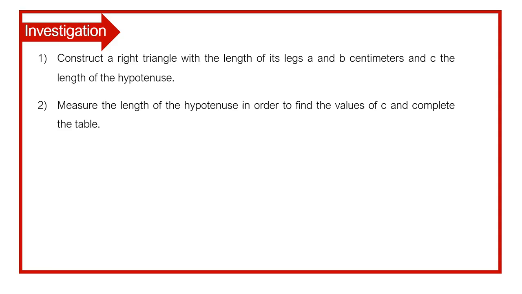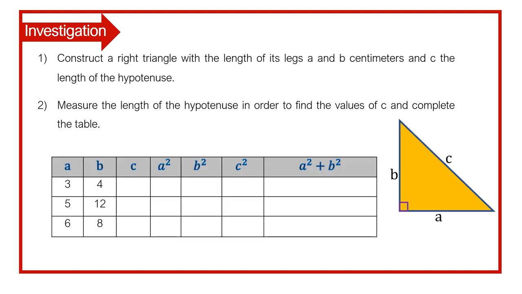Then you will measure the length of the hypotenuse in order to find the value of C, and then you complete this table. So as you can see, we will have a right triangle. We get A and B. Then we measure C. Okay?